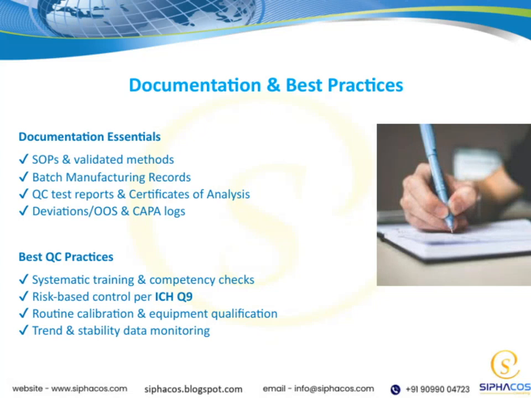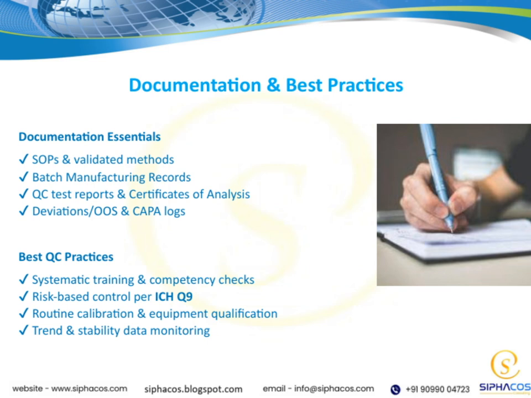Let's take a closer look at documentation and best practices, which are crucial for maintaining quality and compliance. First, under documentation essentials, we have SOPs and validated methods. These are our standardized procedures and validated techniques that ensure consistency across all operations. Then, there are batch manufacturing records, which provide a detailed history of each production batch, offering traceability and accountability.